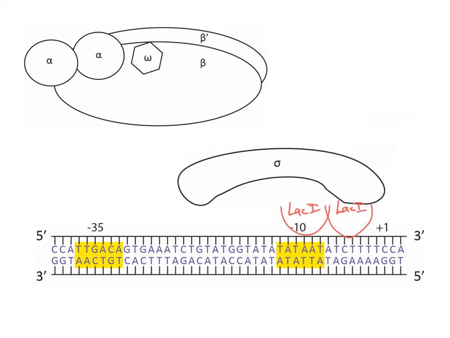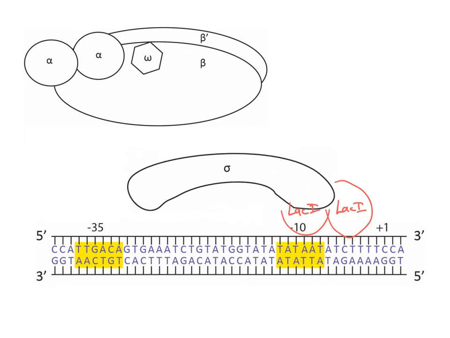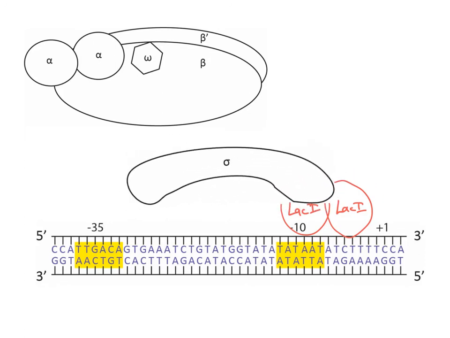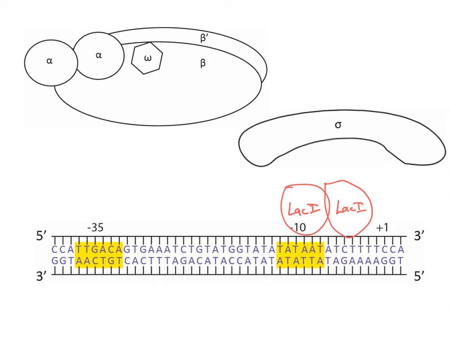And under that situation, the sigma factor can't bind with the -10 region here, so is never able to bind. RNA polymerase doesn't come together here, and so transcription doesn't start. So these repressors inhibit transcription initiation by stopping RNA polymerase binding.